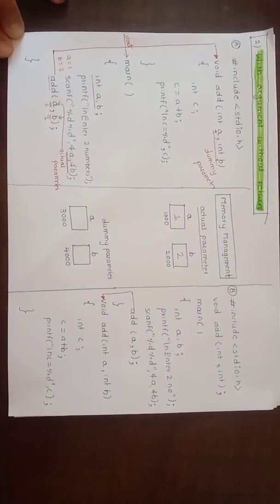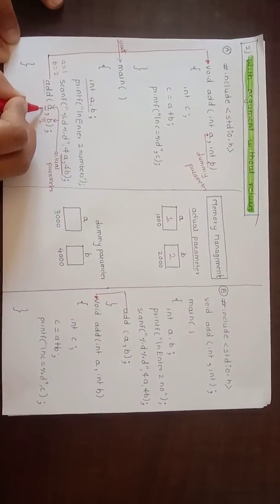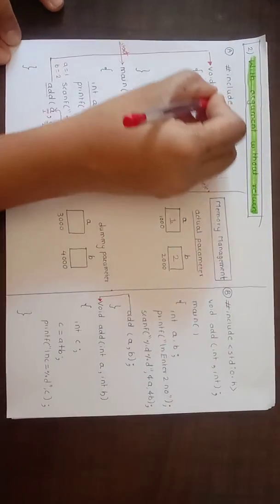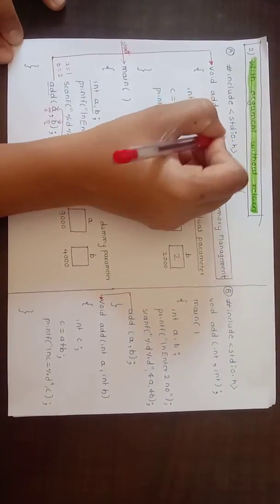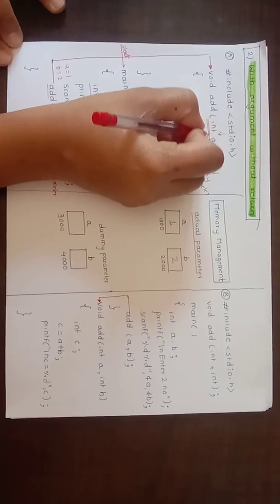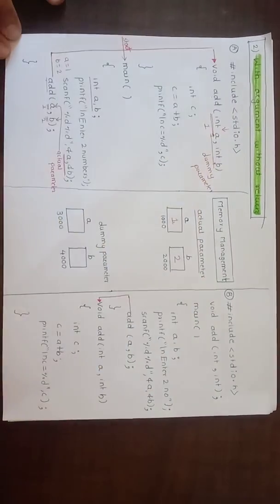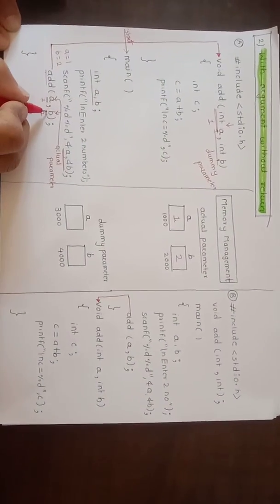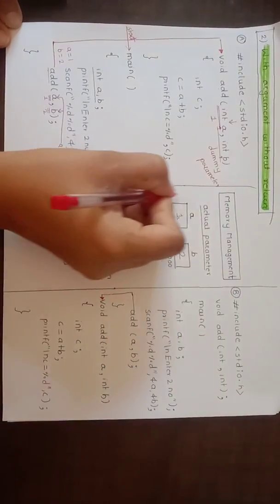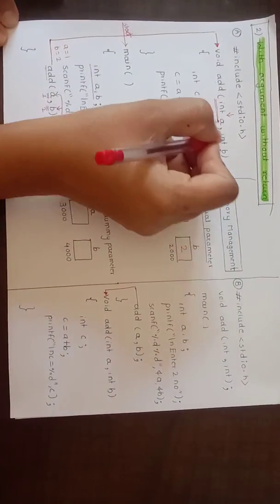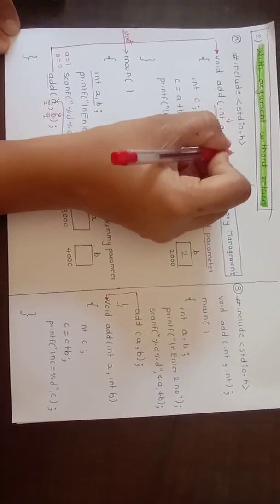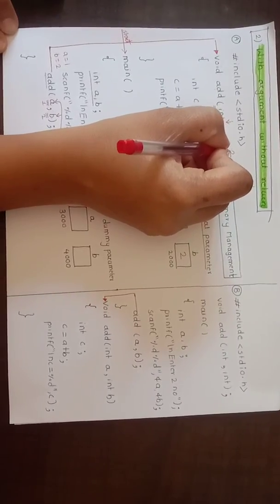This first value is received by your a, so this a is initialized with 1. This b receives the second value, so this b is initialized with 2.